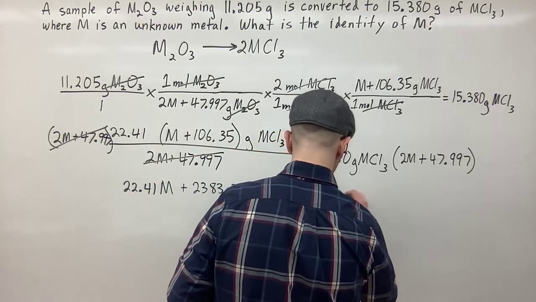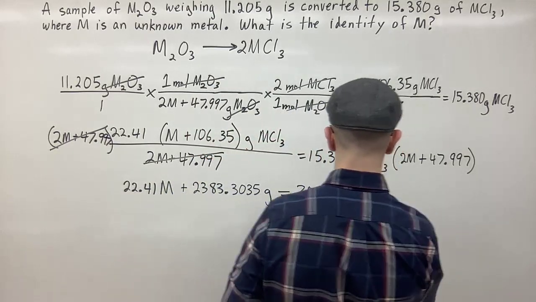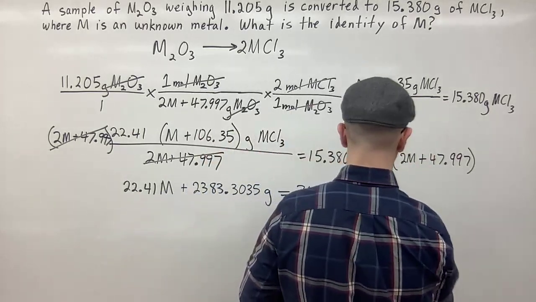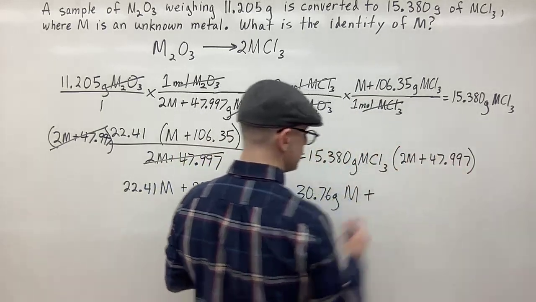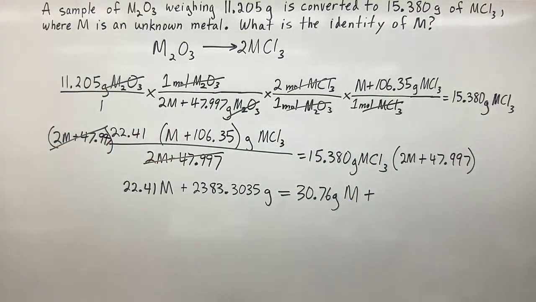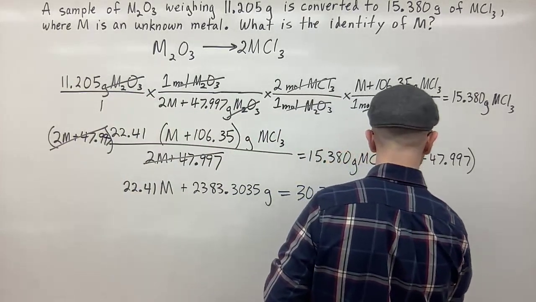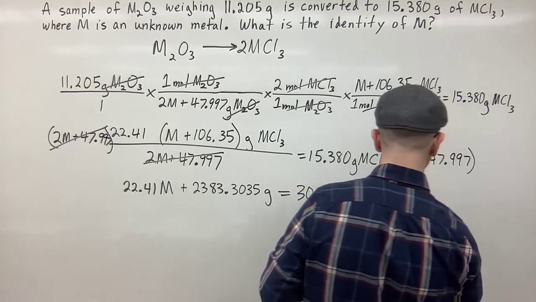30.76 grams M, right? Because I multiplied by M. And then I'm going to multiply this by this. And when I do that, I get 738.19.